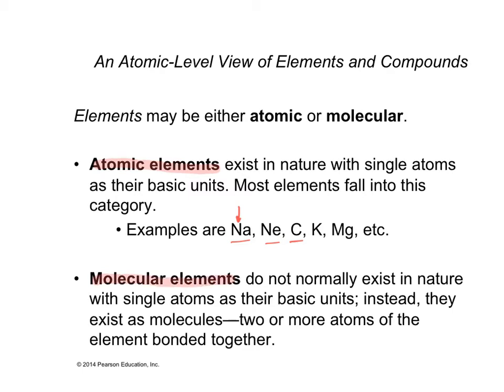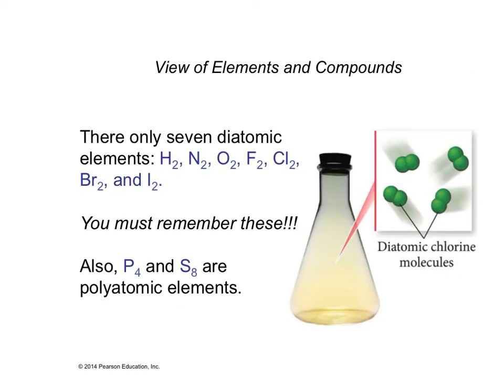These guys differ in the fact that in their natural form, they're actually bound together with other elements of their same element, or their same atom, okay? So what exactly do I mean by that? For things like hydrogen, which has a chemical symbol of H, you will never go out in nature and find a single hydrogen atom by itself.